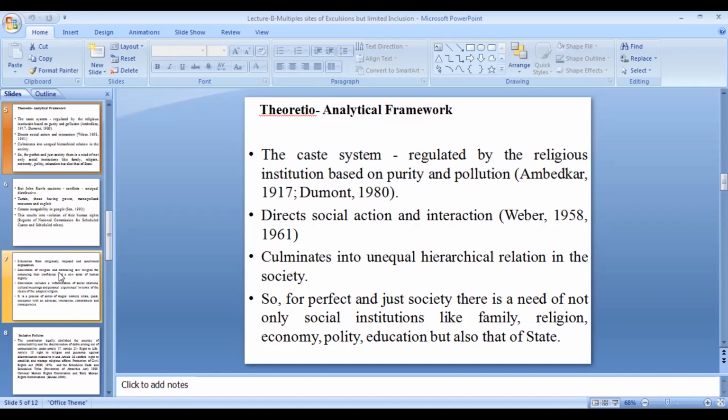It is in a powerful state that decisions are taken quickly and implemented effectively, what Rajni Kothari and Gutmann were talking about. So for a perfect and just society, there is a need of not only social institutions like family, religion, economy, polity, education, but also that of the state. Now, the state is becoming a very important factor for making the society more inclusive. Before that, there were many informal arrangements for social inclusion, but here we want to add an actor, which is the state.